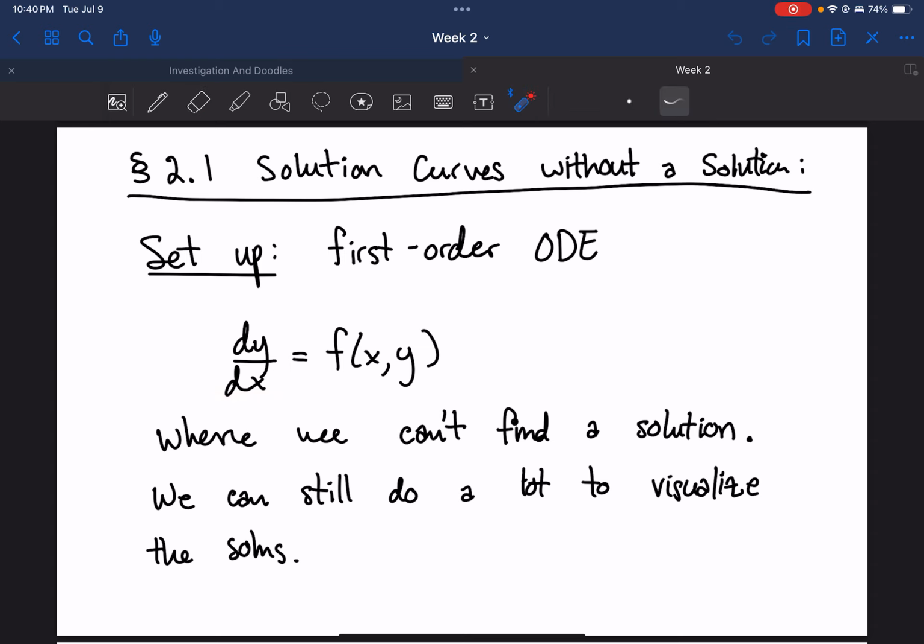Then on the right-hand side, we're going to have some function f, which is a function of x, the independent variable, and the dependent variable y, but no derivatives of y. So this on the right-hand side is just a function of x and y, and the single derivative is over here on the left-hand side.